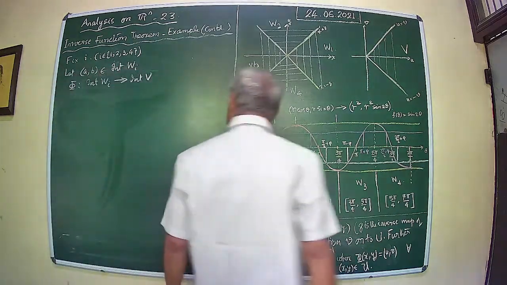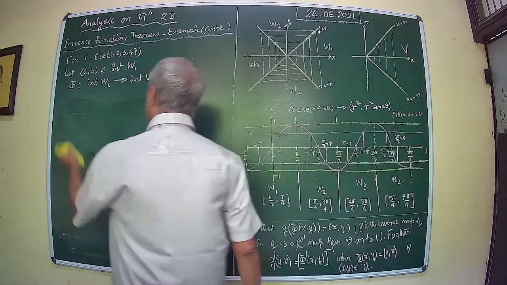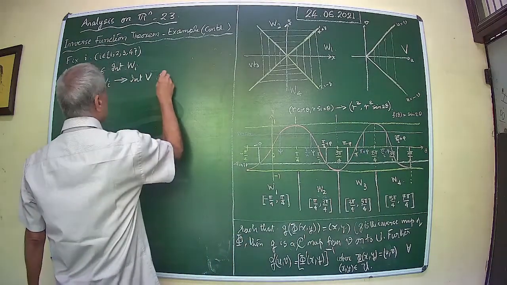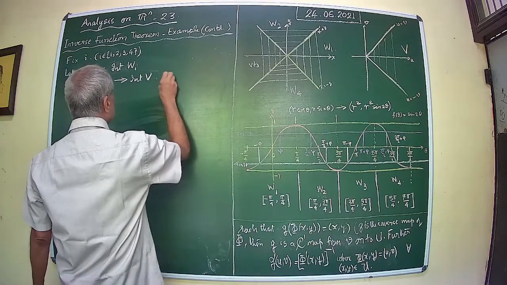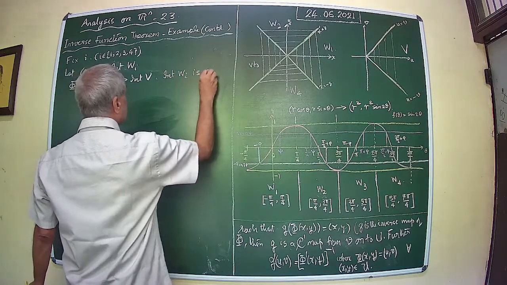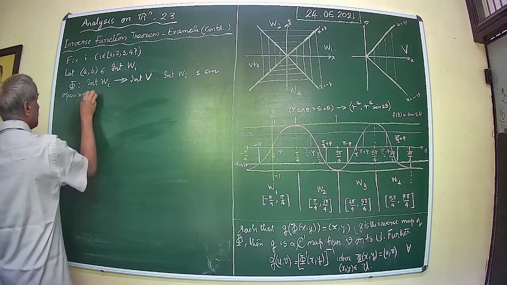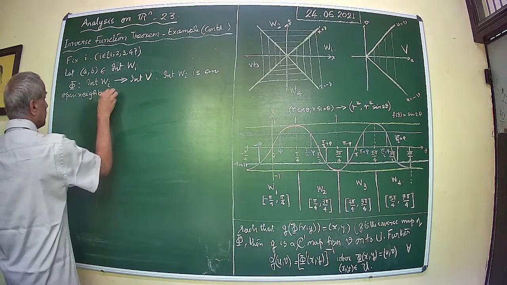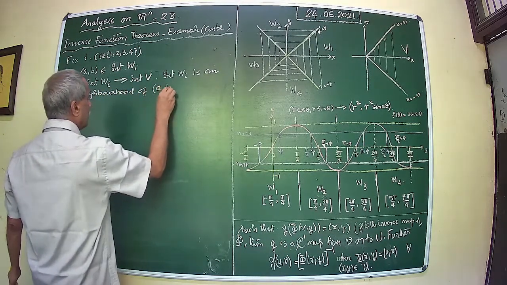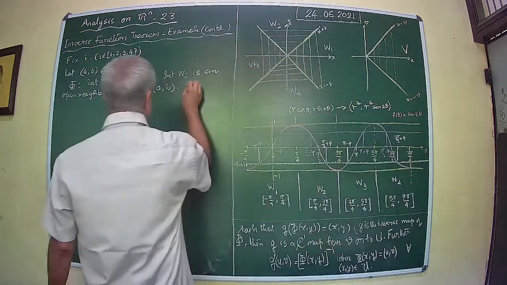Both are open, and this is AB, that is, the interior of Wi is an open neighborhood of AB.